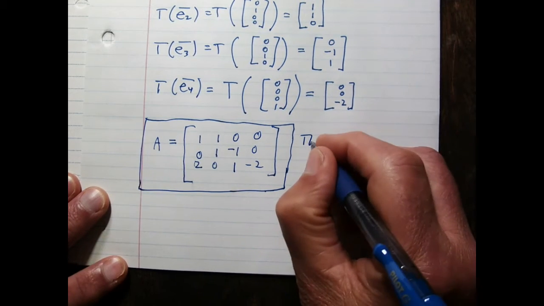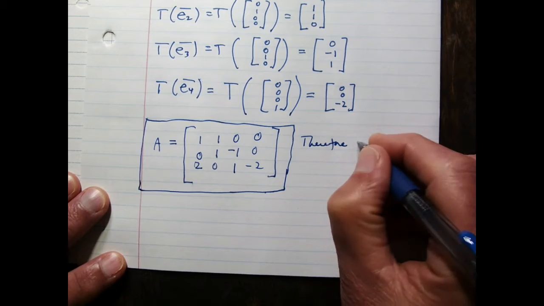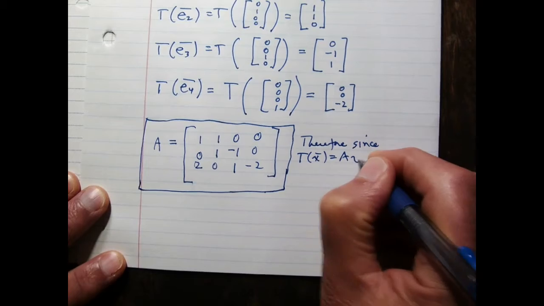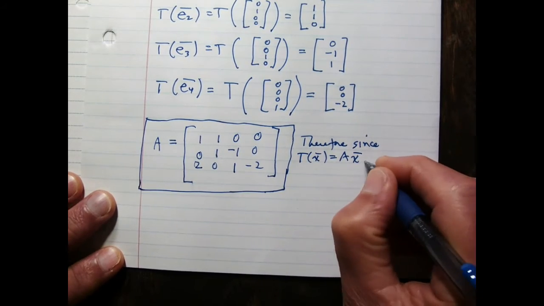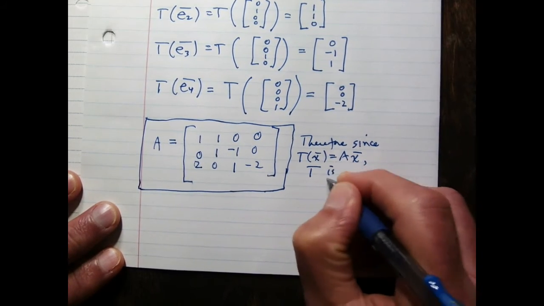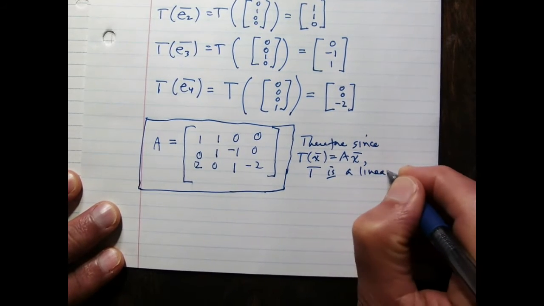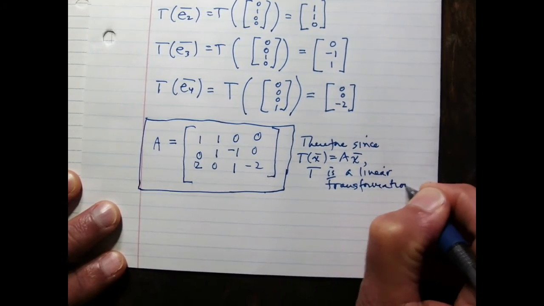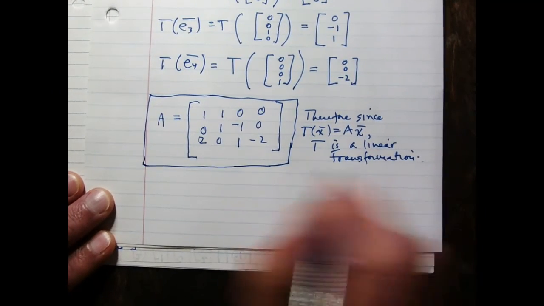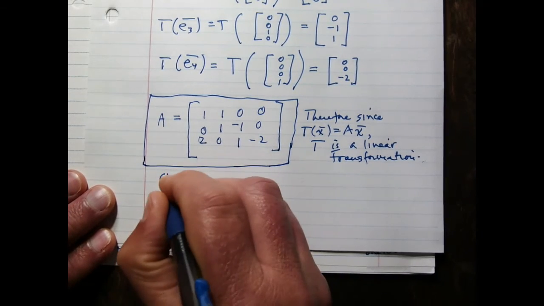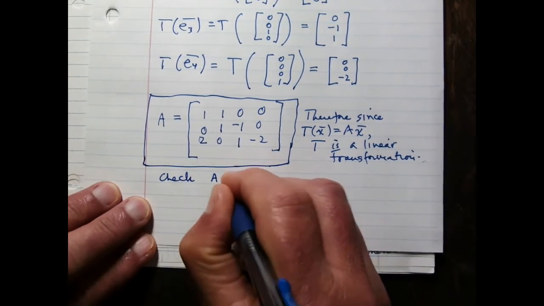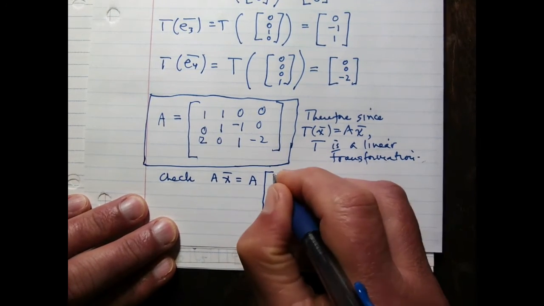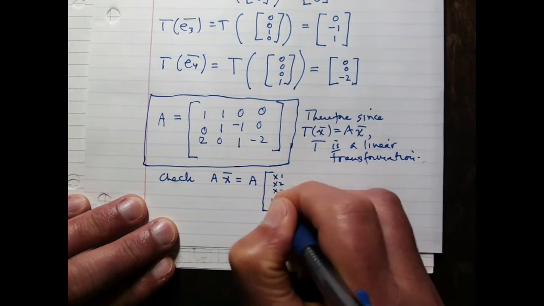And so therefore, since T of x is equal to A times x, T is a linear transformation. And if you want, we can just verify. That's all you've got to do. But we can check Ax, which is A times a vector with components x1, x2, x3, x4.